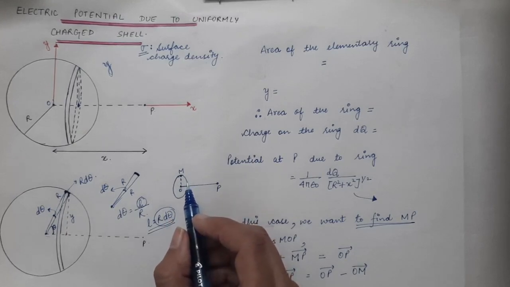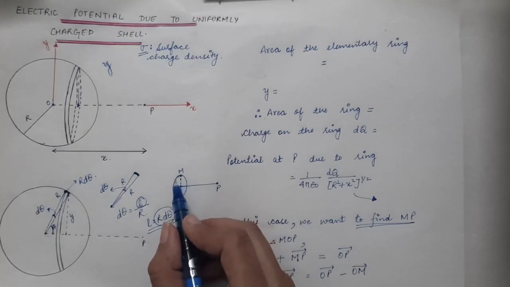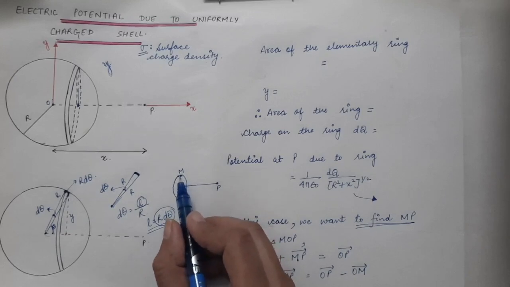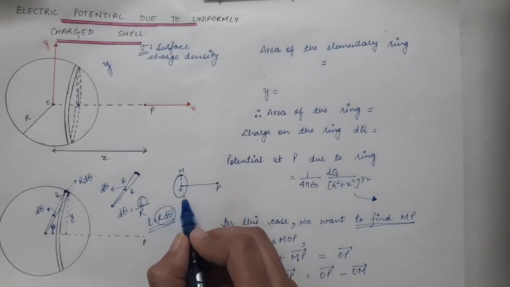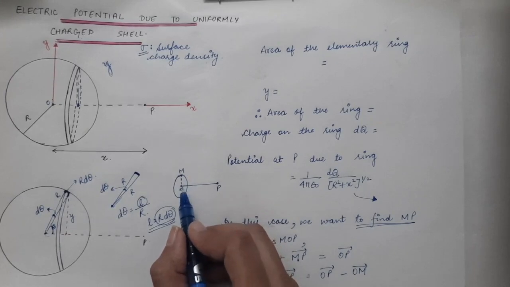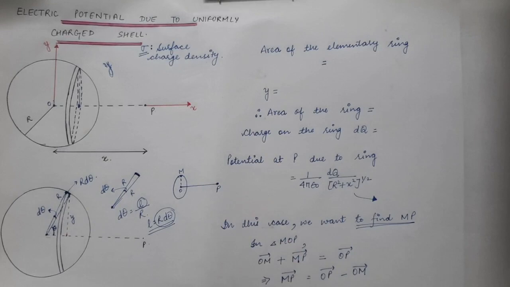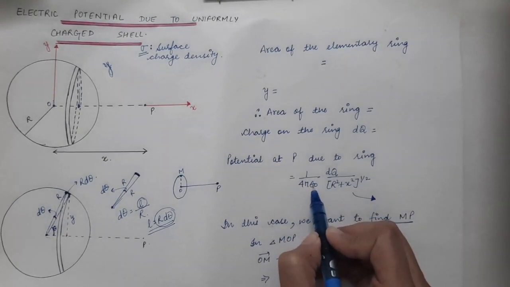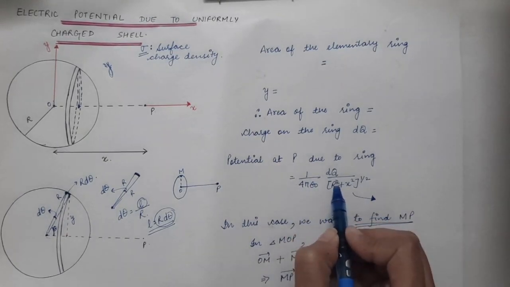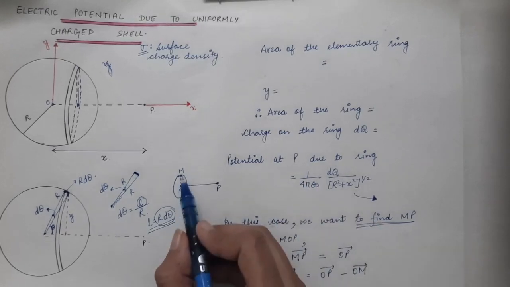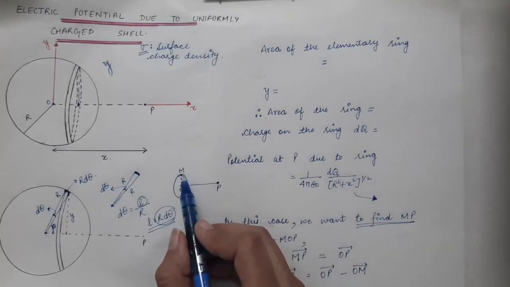We are talking about a circular ring in which the charge was present only on the circumference. In that case we found the potential at any point, given by 1 by 4 pi epsilon naught. This was the formula for the electric potential due to a ring, which we did in the previous lectures.